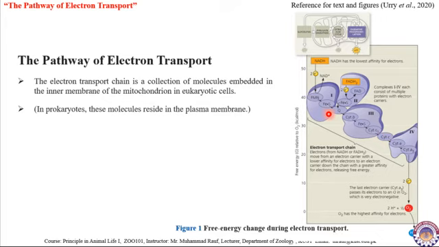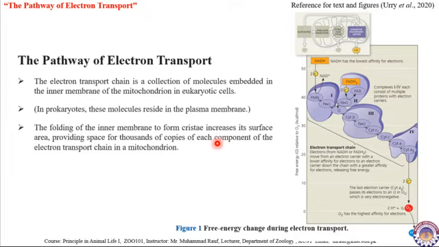These enfoldings increase the surface area, and as a result, a lot of complexes can be there. The foldings of the inner membrane to form cristae increase its surface area, providing space for thousands of copies of each component. So the more surface area, the more room there will be for complexes to be accommodated.